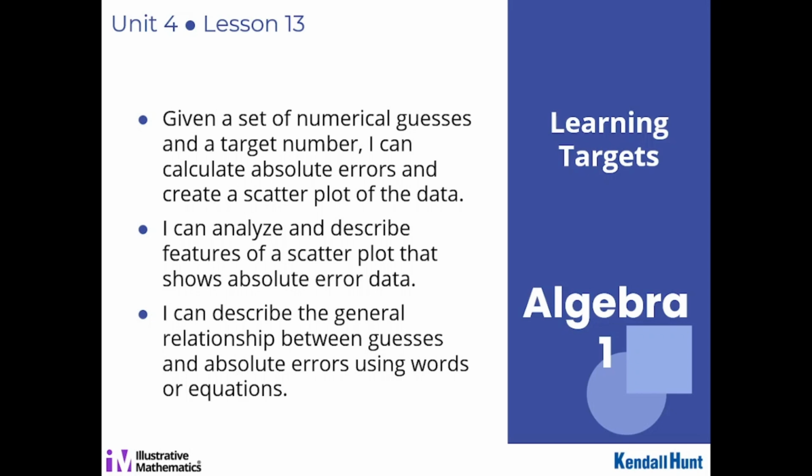This simply means you can create an oral argument or an oral explanation about the distance between the guess and the real number, or you can show that same thing by writing an equation.